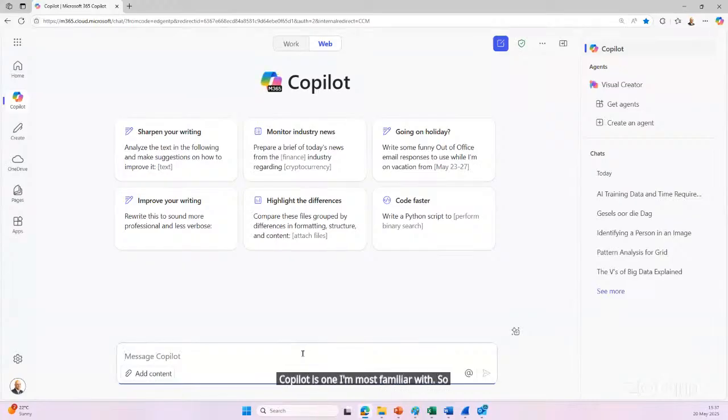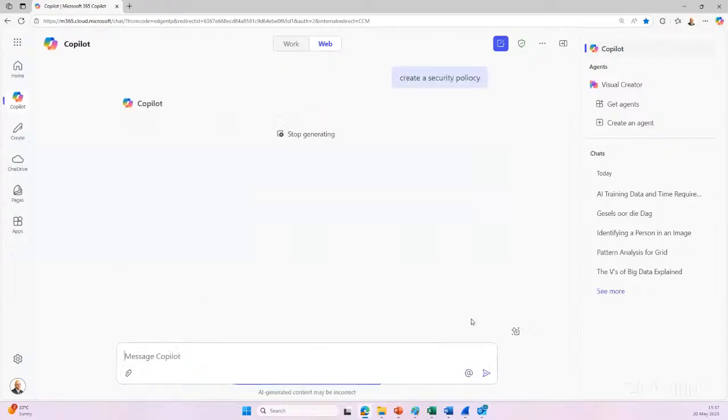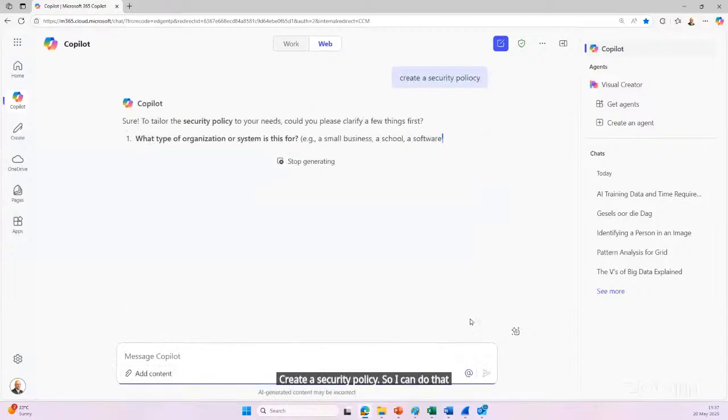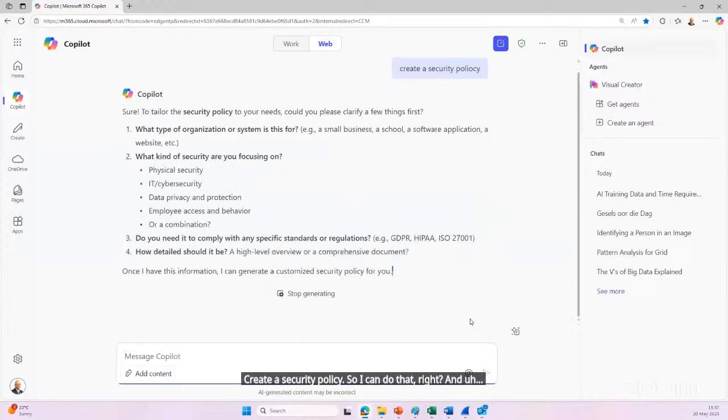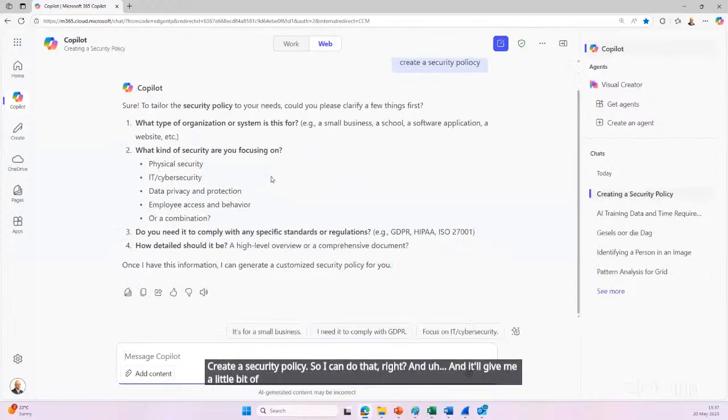So what I mean with role play is I can do this, and I can say create a security policy. Okay. Create a security policy. So I can do that, right? And it'll give me a little bit of a rundown.